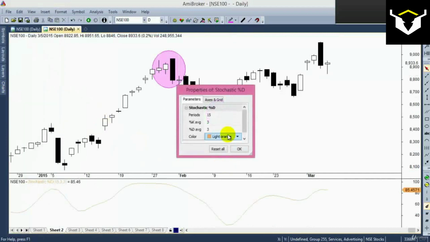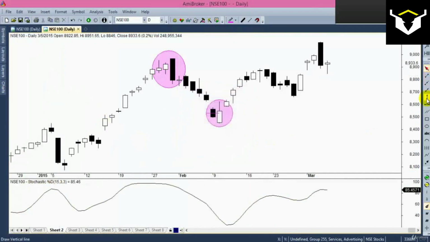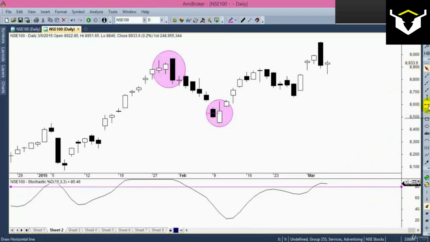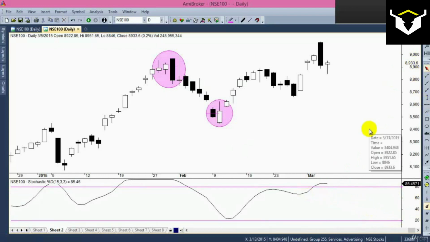I'll add color black, and if you have used stochastic previously, you will know that 80% and 20% are the levels where one must be aware that market might change its direction.